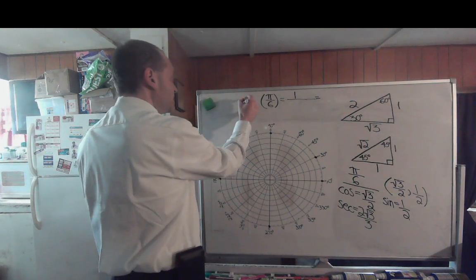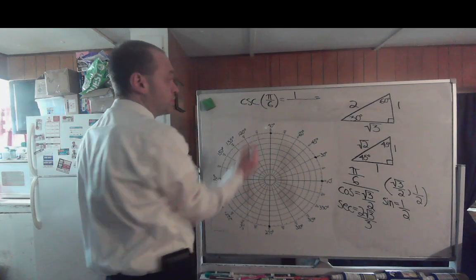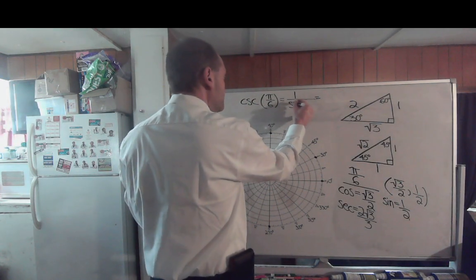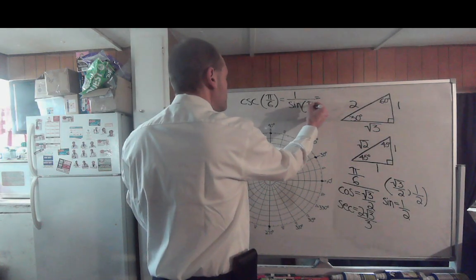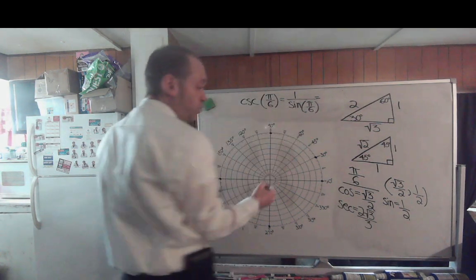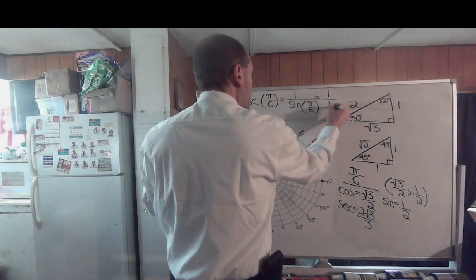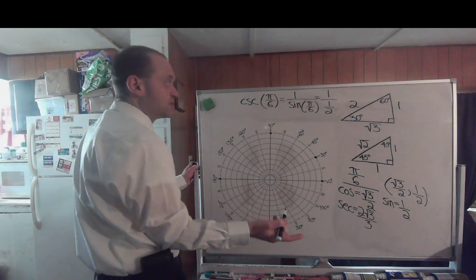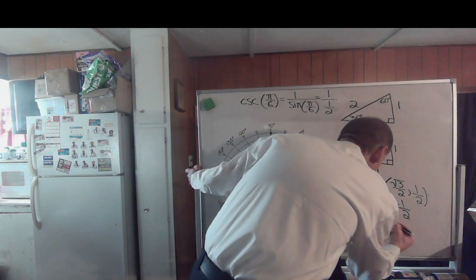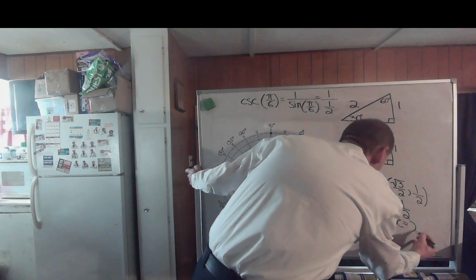So the cosecant of pi over 6, well, that's the same as 1 divided by the sine of pi over 6. Well, that's 1 divided by 1/2, right? 1 divided by 1/2 just gives you 2. So the cosecant is going to end up being 2.